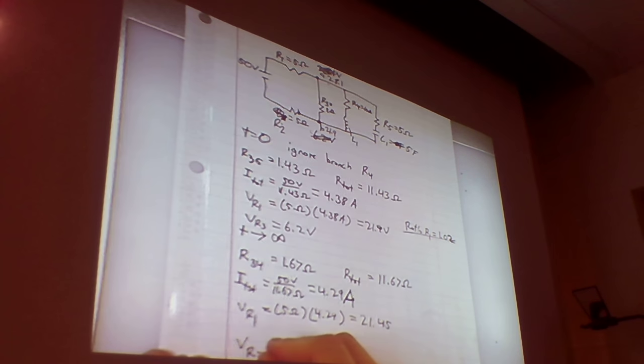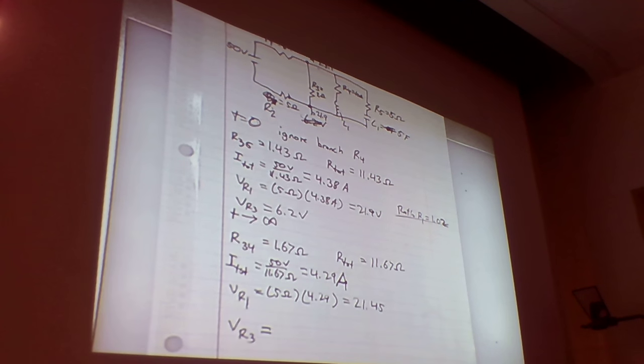Isn't there another way to do it that he used in class? Just 5 times R? You'd have to split I at A. I found the same answer just using I times R, the current times the equivalent resistance.